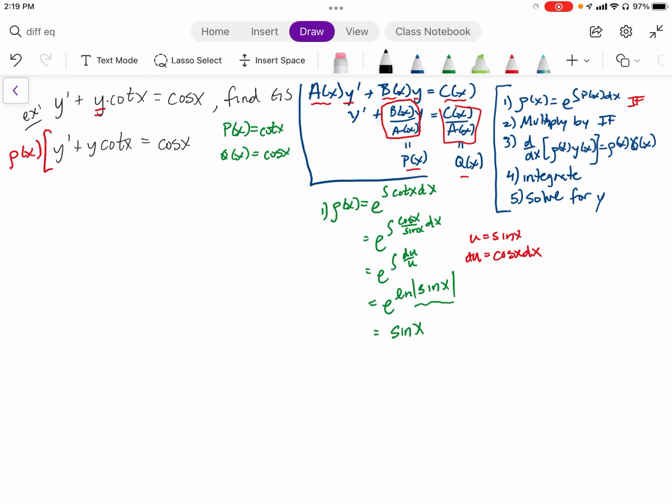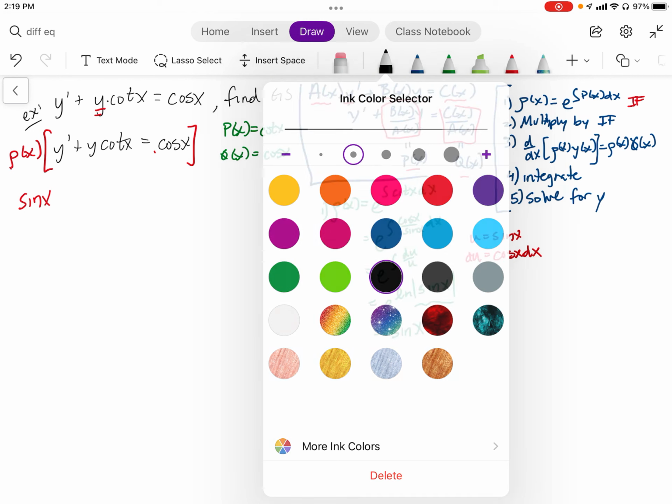And I know you can't really multiply across this equal sign, but you get the point. We're multiplying everything by rho. So therefore we would have sine x, y prime, sine x. I'm going to change y prime now to dy/dx. Actually, let's keep that black.